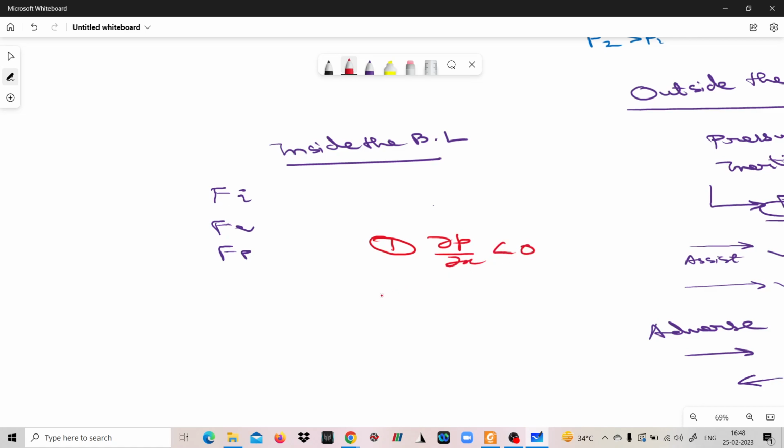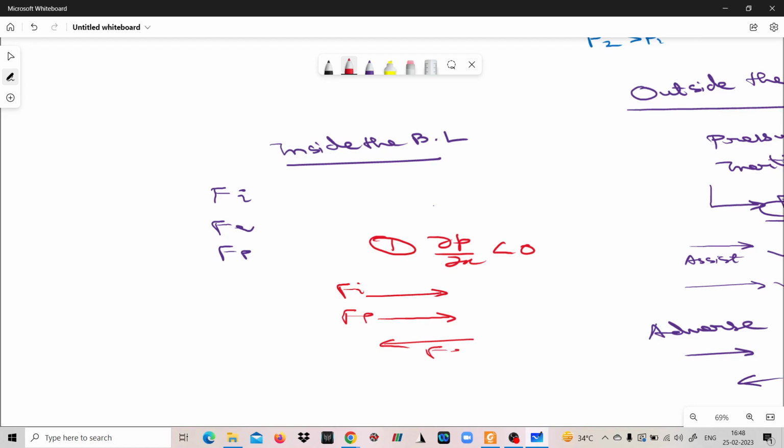Then inertial force Fi will always act along the flow direction. The pressure force Fp will also act along the x direction. Viscous force will always be opposite to the flow direction, because it is the shear force or shear stress.